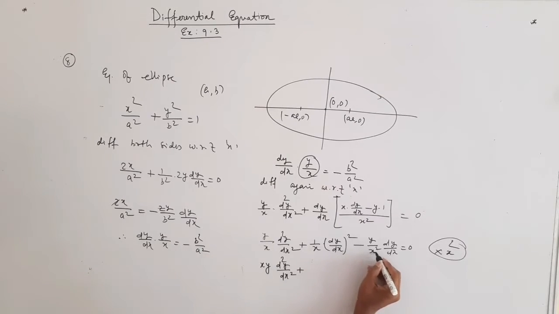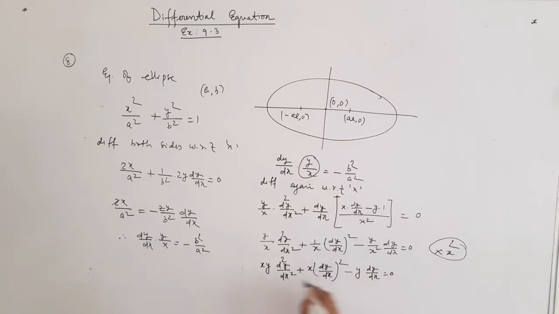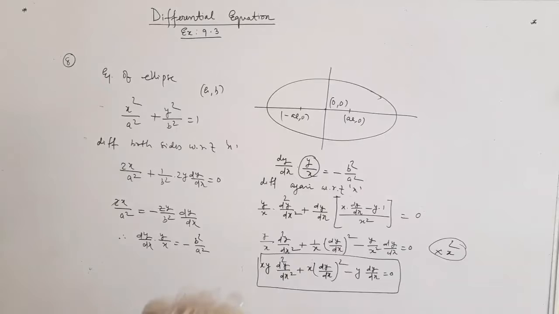This is x square, so this is x dy by dx whole square minus, both x square and x square cancel, this is y dy by dx is 0. This is your final answer.